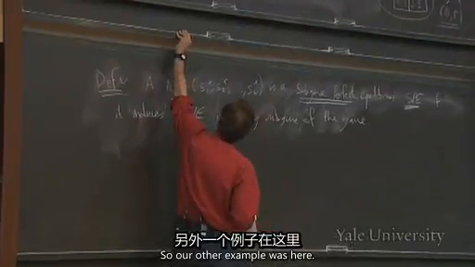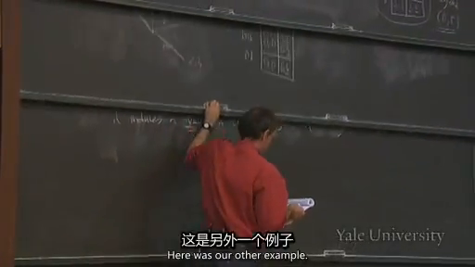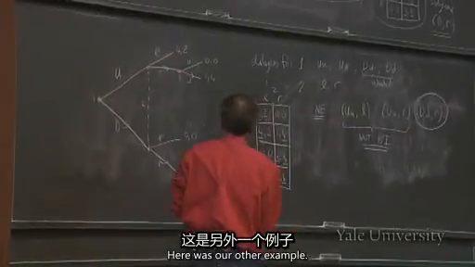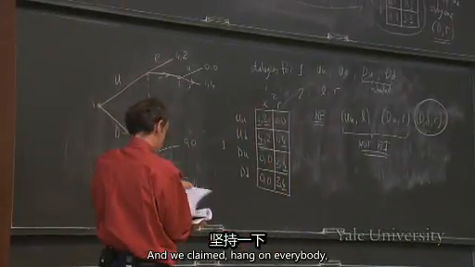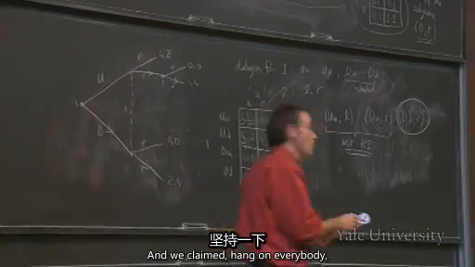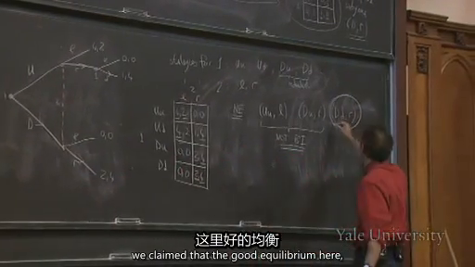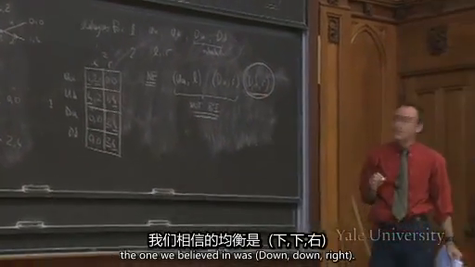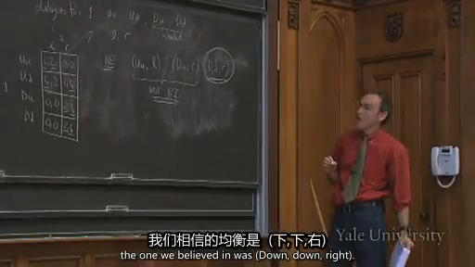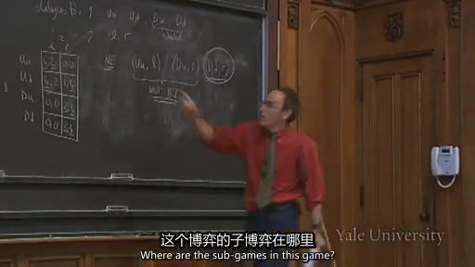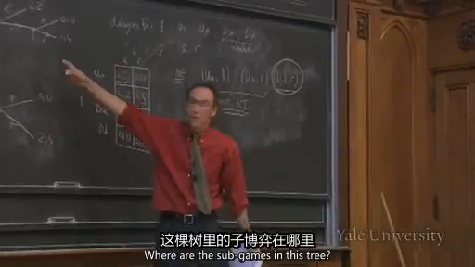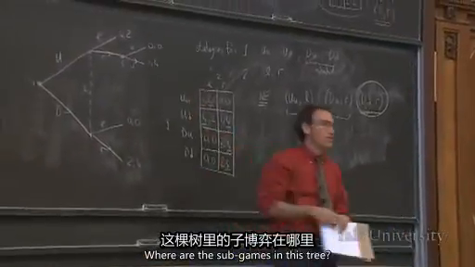So our other example was here. And we claimed that the good equilibrium here, the one we believed in, was down, down. All right? Where are the subgames in this game? Where are the subgames in this tree?